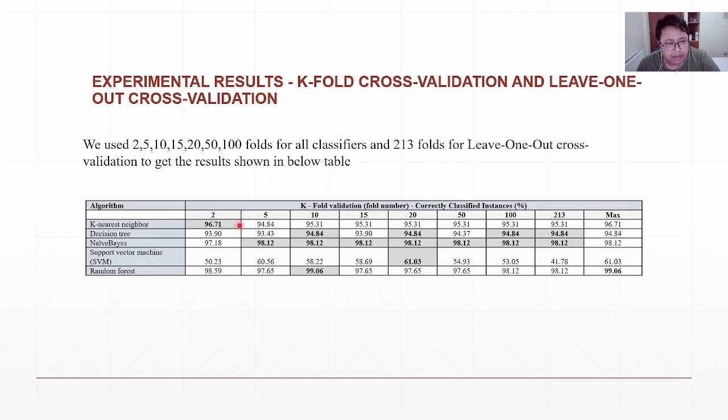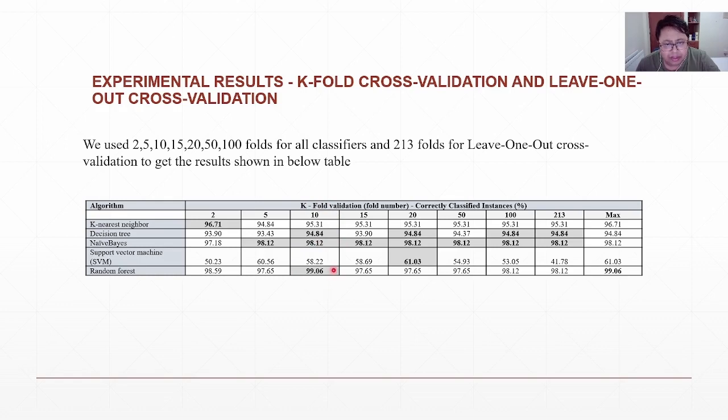K nearest neighbor it's 96.71, for decision tree 93.90 and so on. But if you see the data, the accuracy rate grows till tenfold.